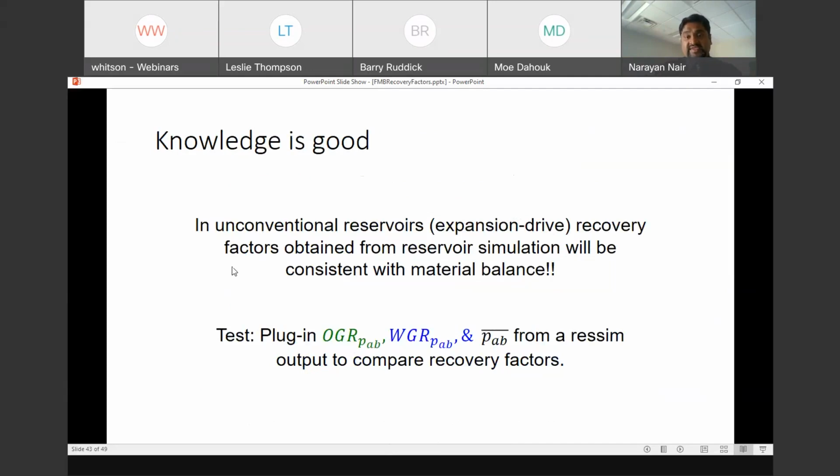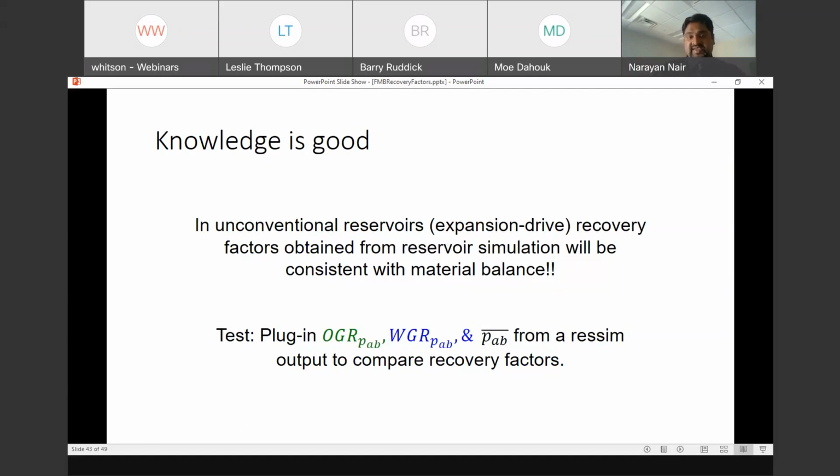However, under expansion drive assumptions, which most unconventional reservoirs fall within, if you use the same cumulative ratios and abandonment average reservoir pressure, and they're consistent in a reservoir simulation and in flowing material balance theory, the recovery factors will be identical. I did not realize this as a reservoir simulation engineer, so I'm making an obvious slide here in case you were not aware.